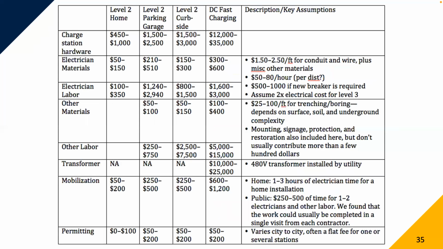Yeah, and so we can see a sort of breakdown of all of these things for home, parking garage, curbside, and the DC fast charging. And some of the materials that you would require for a DC fast charger, you wouldn't need in other examples, such as a transformer.